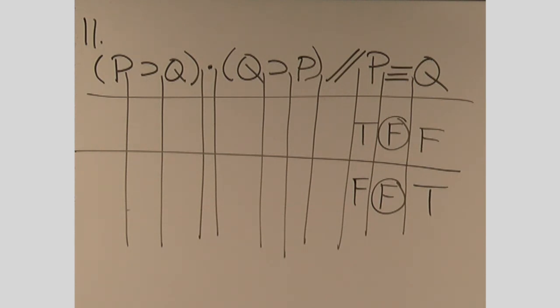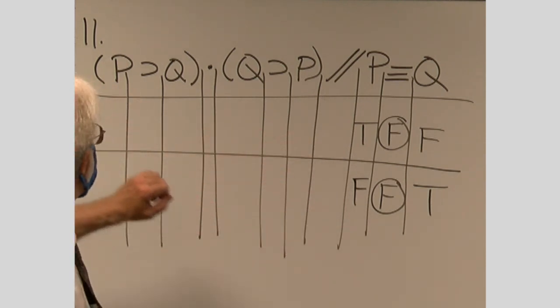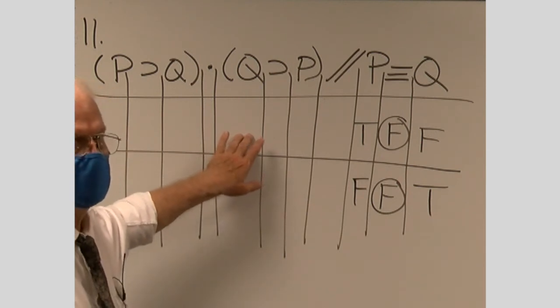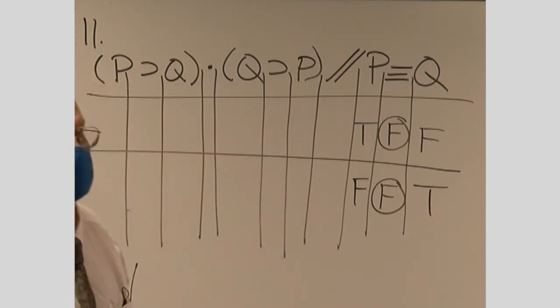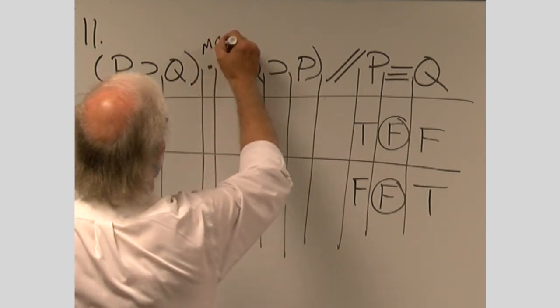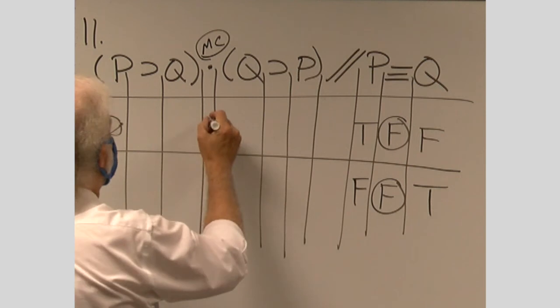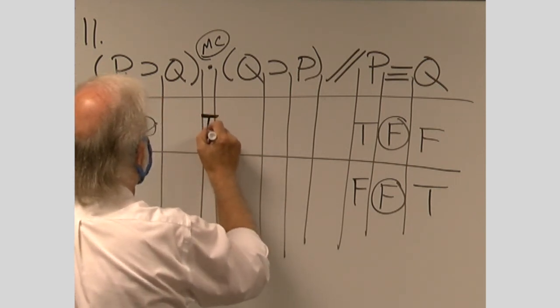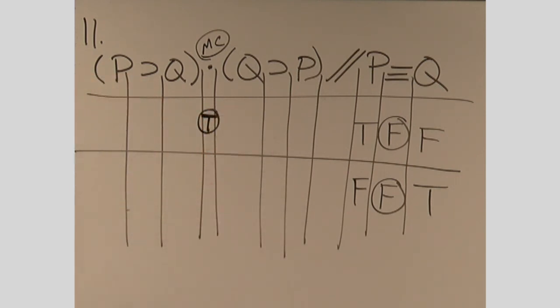There are many, many different ways to start this. We could plug in the P values, or we could plug in the Q values, or we could plug in the P and Q values, or what I would suggest to you is going to the main connective, that dot, and setting it to be true, because we want that badly to be true.